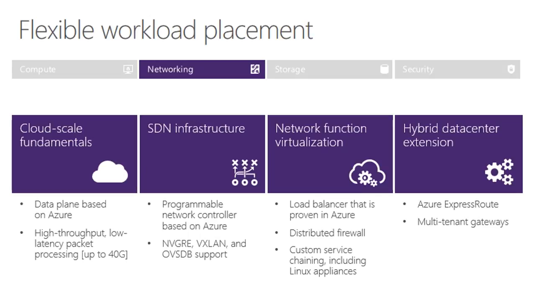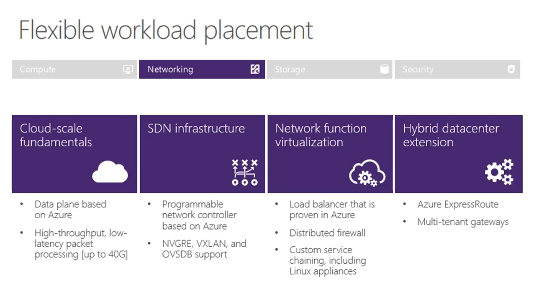We introduced network function virtualization, strong isolation with Hyper-V network virtualization in Windows Server 2012. That is actually being enhanced in Windows Server 2016. We still support NVGRE, we support VXLAN, and OVSDB support. The load balancer, however, is where we're making some improvements.